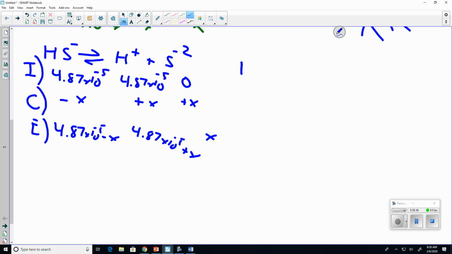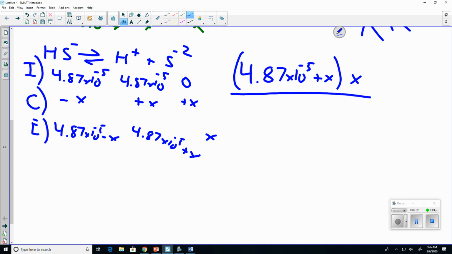See if I have enough space to write this a little bit neater here. My other K value, 10 to the negative 19.